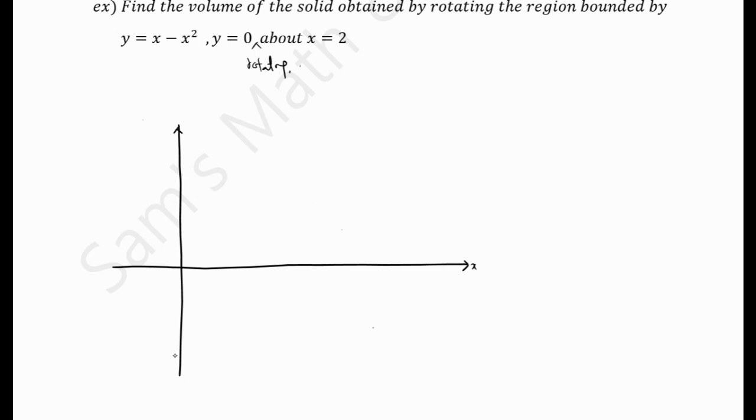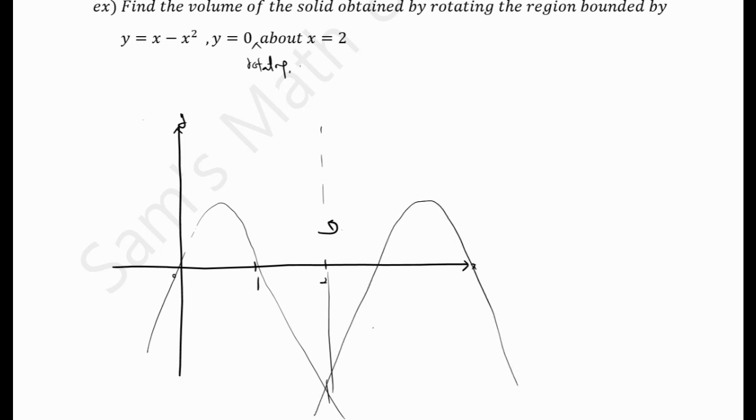The rotating axis is x equals 2. The graph intersects the x-axis at x equals 0 and x equals 1, like this. So we rotate this and find the solid.